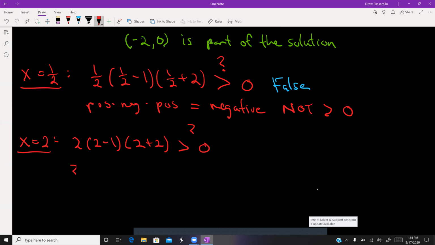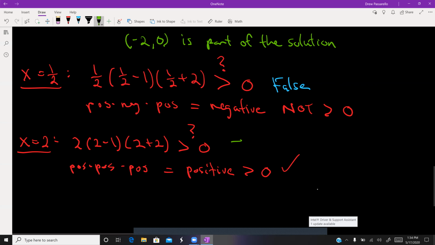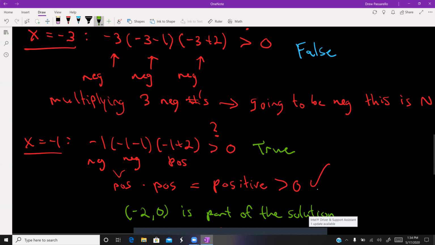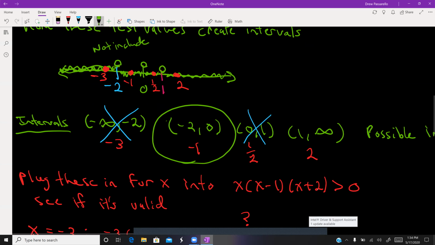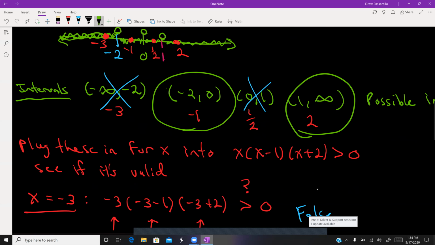All right, so this is positive times a positive times positive. So that's going to be a positive number. So yeah, that's greater than 0. So that's true. So that means our interval, where it goes from 1 to positive infinity, is part of our solution.